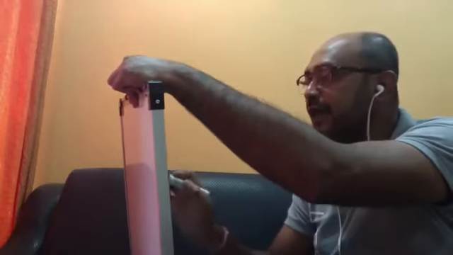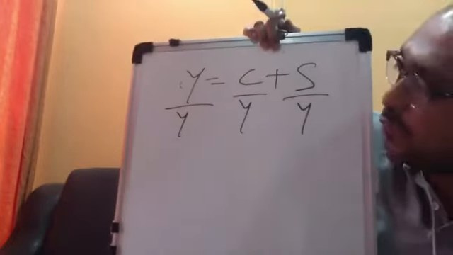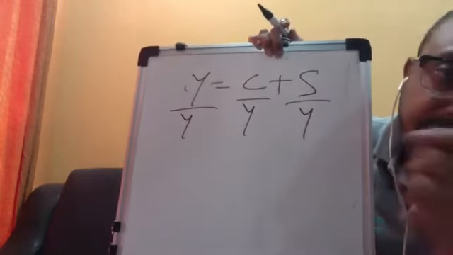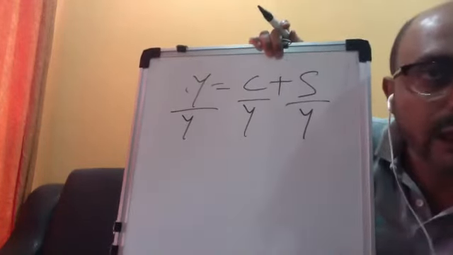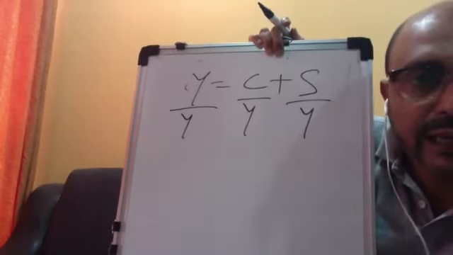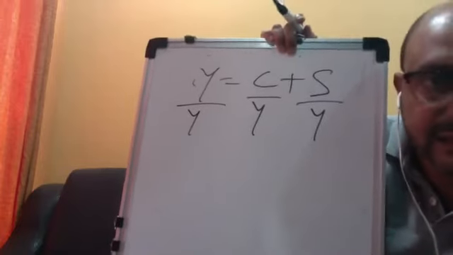Now you all write Y equals C plus S, and we divide both sides by Y. We all know from the aggregate supply equation that Y is always equal to consumption plus saving. The residual of consumption is saving and vice versa. If my income is 100 and I spend 80, that means I am saving 20. This is obvious.